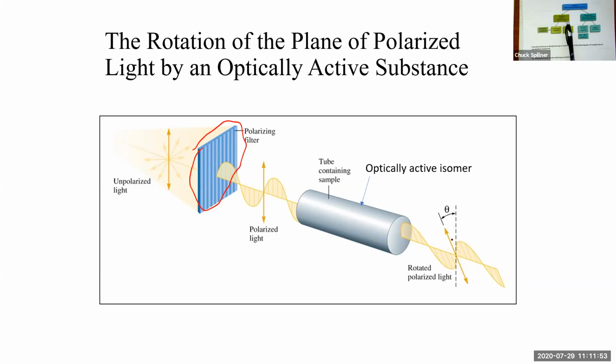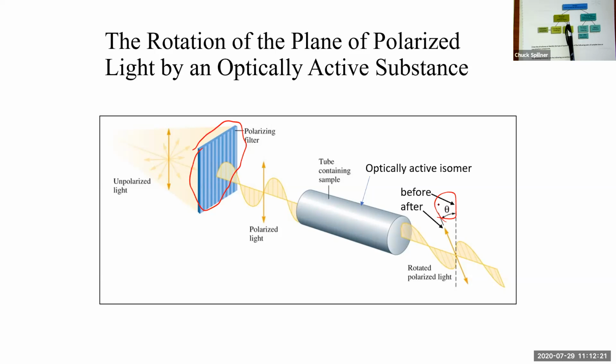That's a property these optical isomers produce. Before the light comes in, it's in this plane shown here. After it comes out, it's rotated by a certain number of degrees called theta.